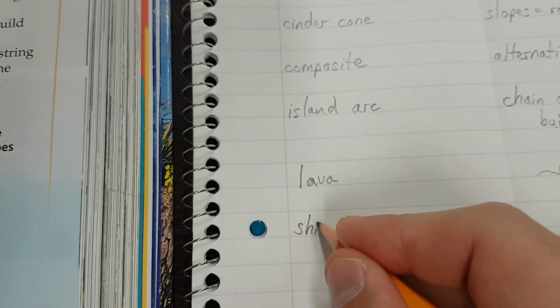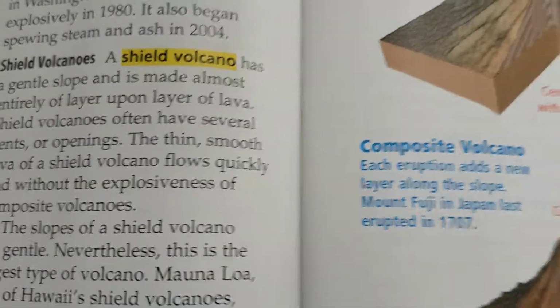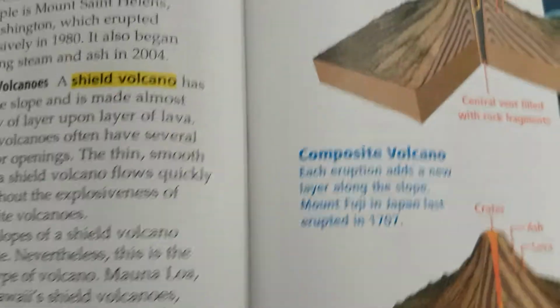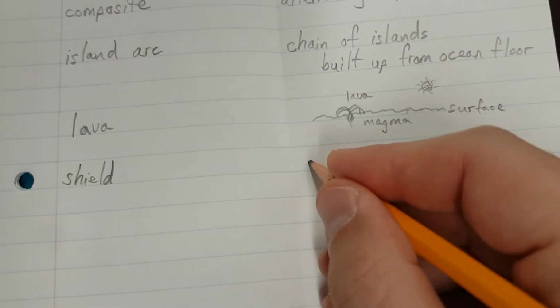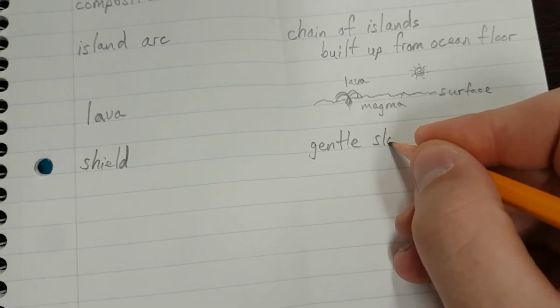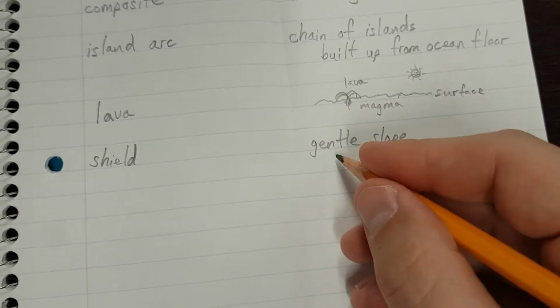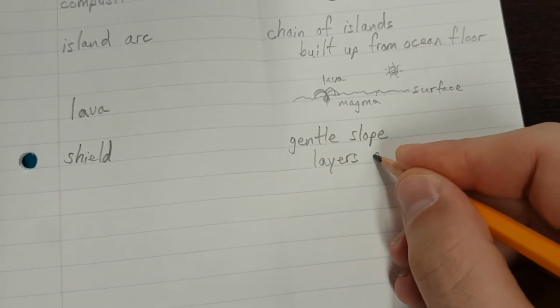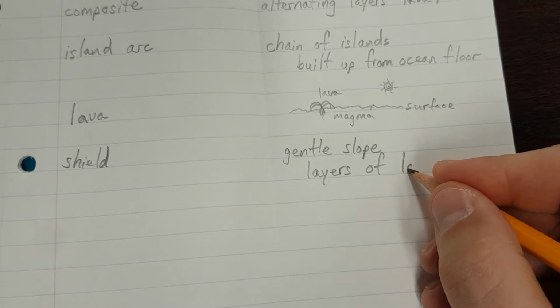Shield volcano. Okay, shield, S-H-I-E-L-D. I bet you anything it's in the shape of a shield. A shield volcano has a gentle slope made almost entirely of layer upon layer of lava. Okay, gentle, G-E-N-T-L-E. Slope, S-L-O-P-E. Indent, layers, L-A-Y-E-R-S, of lava.